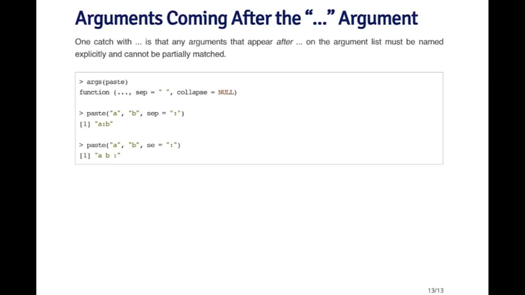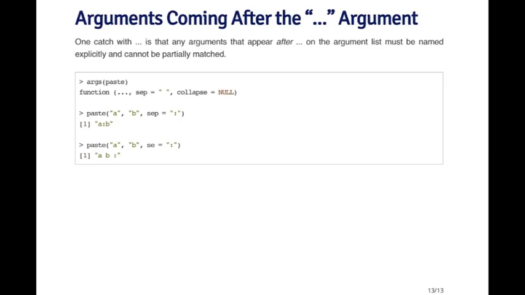In this first example, if I try to paste together A and B, so A and B are going into the dot dot dot argument, and then I say sep equals colon, that means I want to paste them together separated with a colon. However, if I try to do partial matching with sep, the partial matching gets ignored.